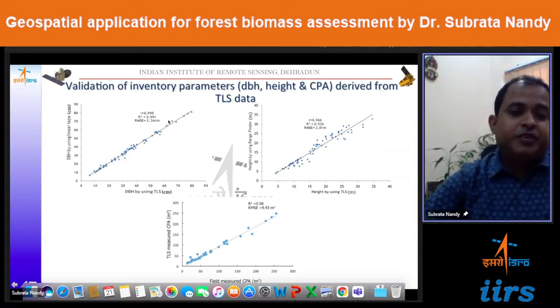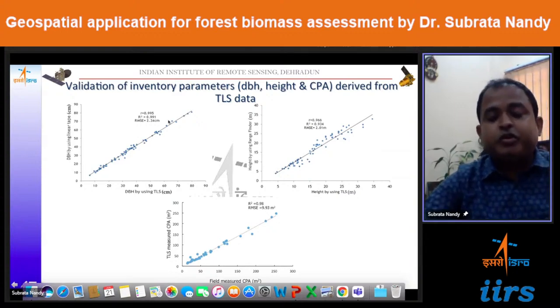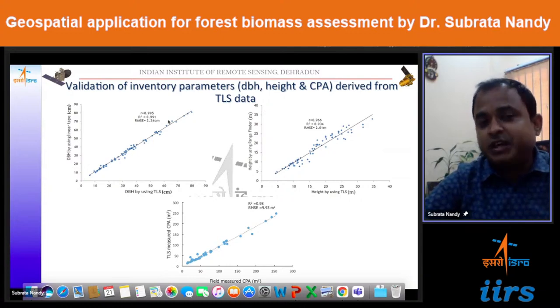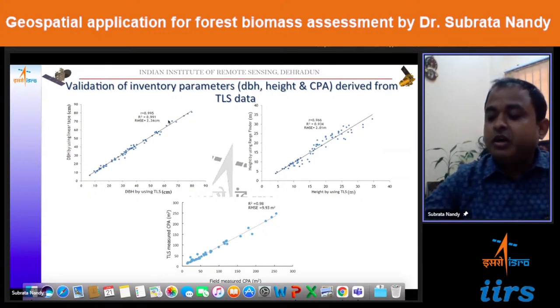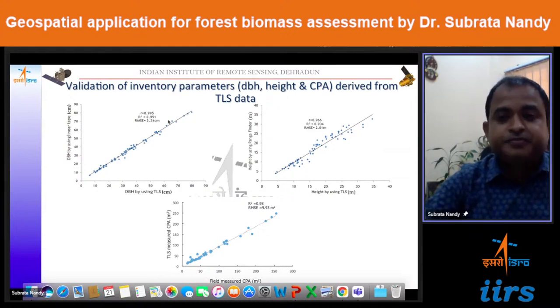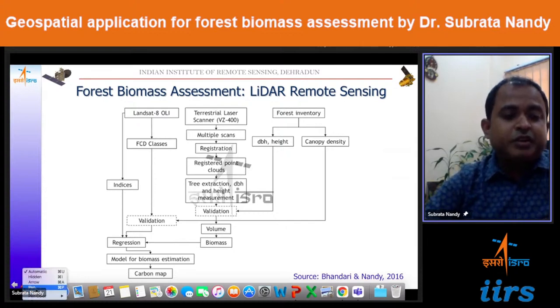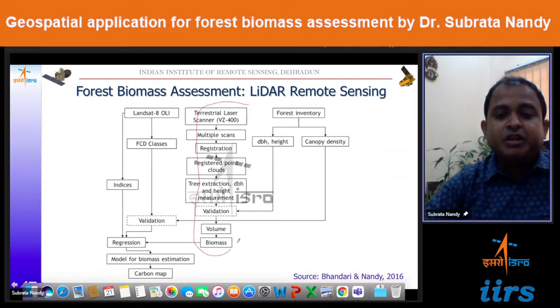What we have observed in the field is that we compared the diameter, height and CPA derived from the TLS data with the field data, and we observed very high accuracy in all the cases, be it the diameter, height or canopy area. Similarly, using these inventory parameters from the terrestrial laser scanner, we calculated biomass.